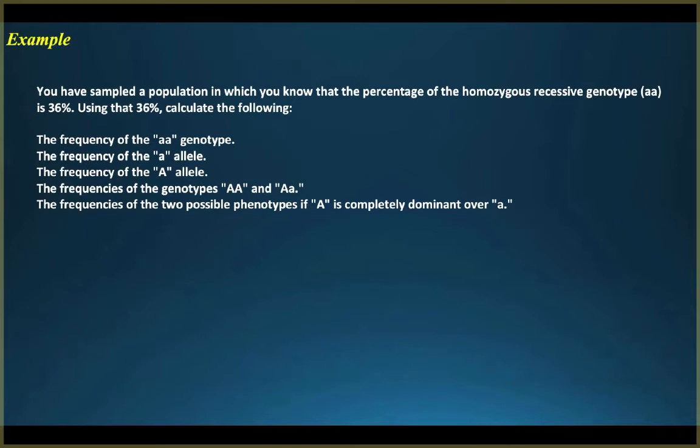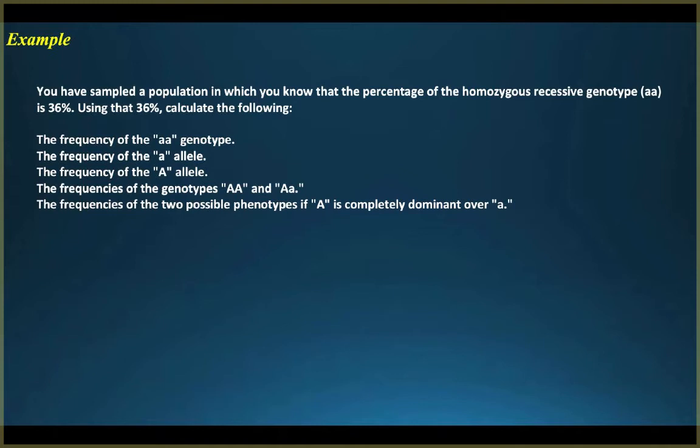But you can find out all the rest of the information that you need just from that. And so on here, it says you have sampled a population in which you know that the percentage of the homozygous recessive genotype, recessive a, is 36%. Using the 36%, calculate the following.